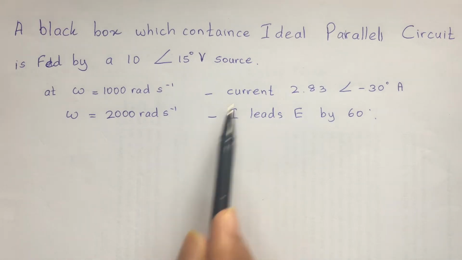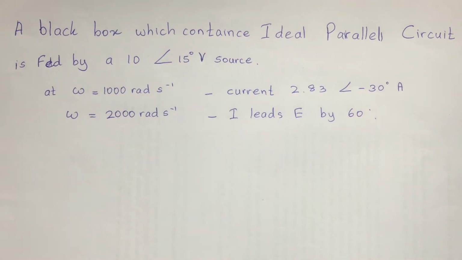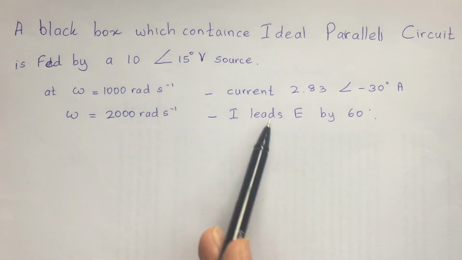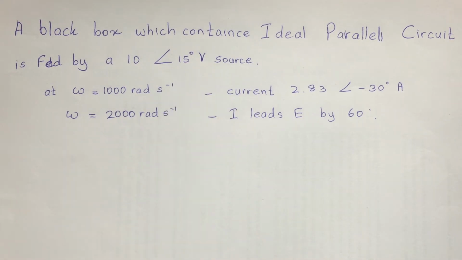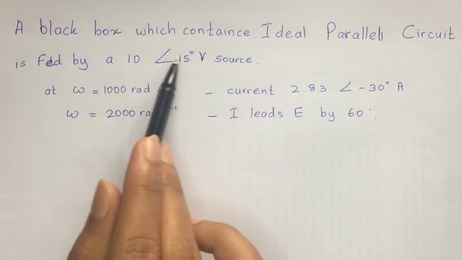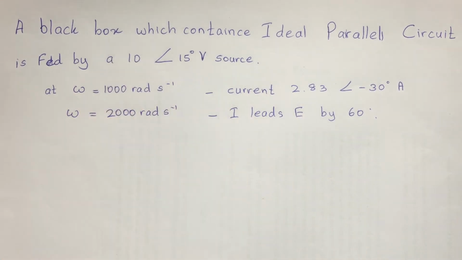When omega is 2000, the phase of I is going to be 60 plus this 15, so it's 75 totally, which simply shows it's also having a capacitor in this circuit. So from these two data we can figure out that this parallel circuit has a total of three elements: inductor, resistor, as well as capacitor.